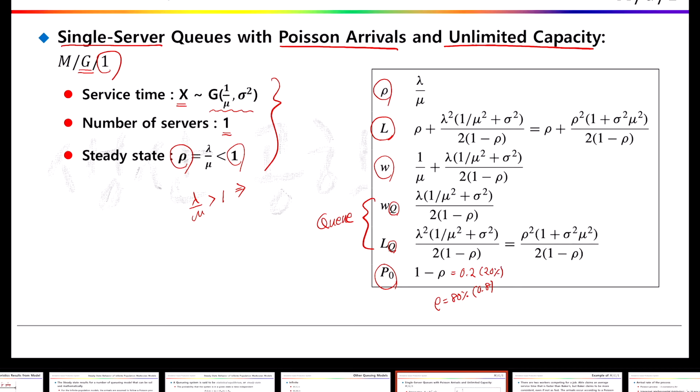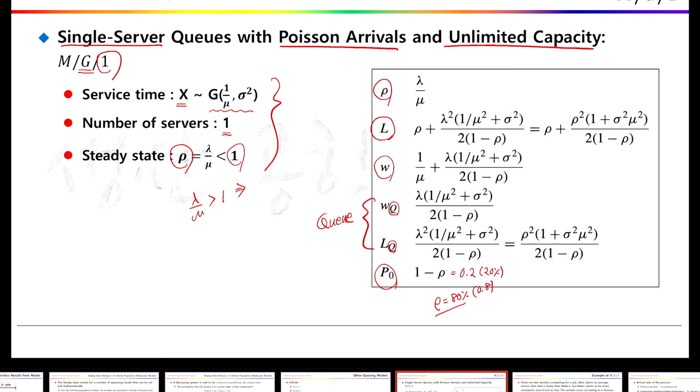It means that if the utilization of the server is 80%, there may be 20% of the whole simulation time that would have 0 entities in the model.